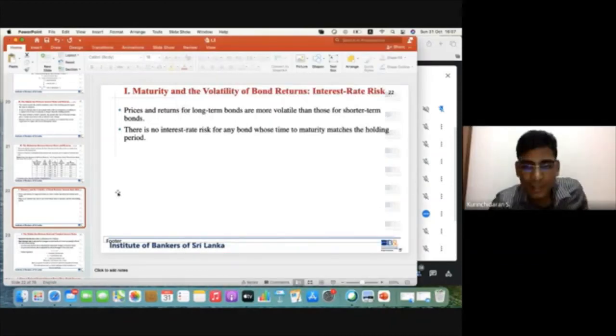Okay. Market risk means the possible losses arising from changes in market prices. There is a definition for market risk. So if you take that definition, what are the factors we can consider in that market risk?